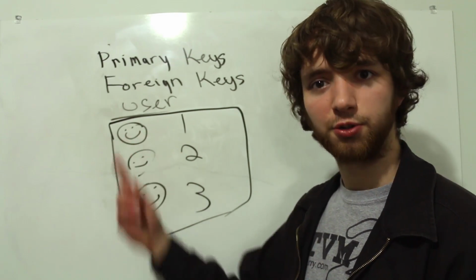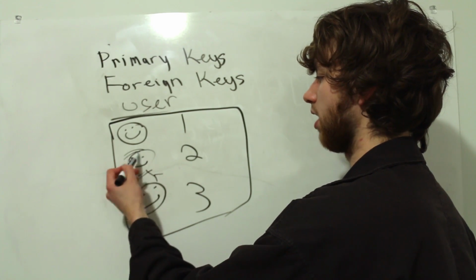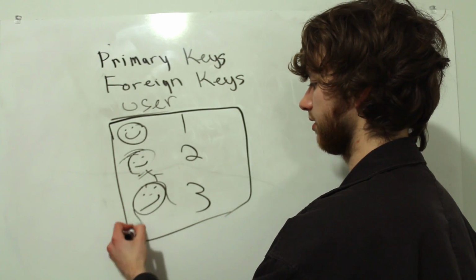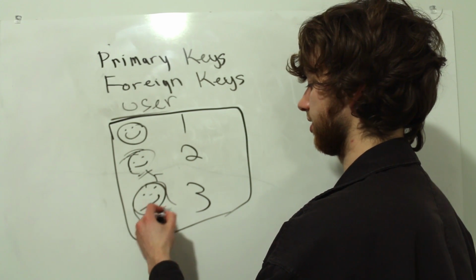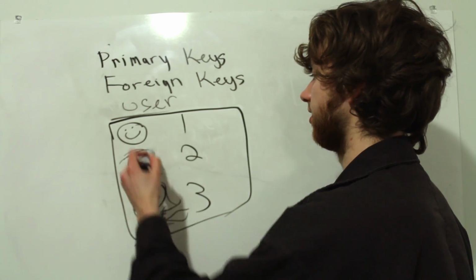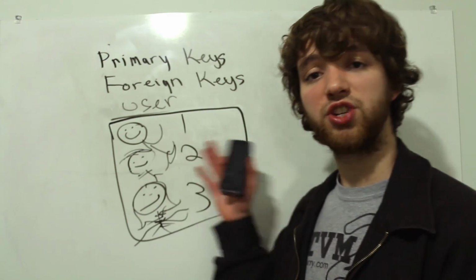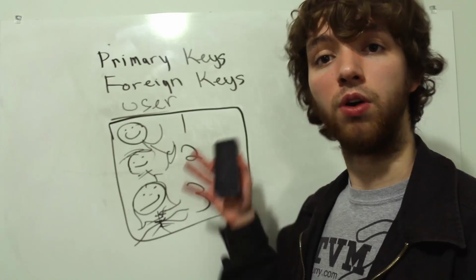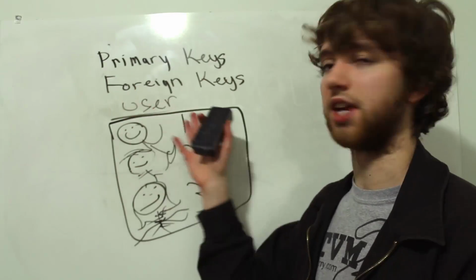Well, it's this person. Got these 3 people. We'll give them some hair so they have some confidence. This one's a squid. Alright, so these 3 people each have a row in the database, in the table of the database. The table is whatever is what you're storing, so in this case, users.